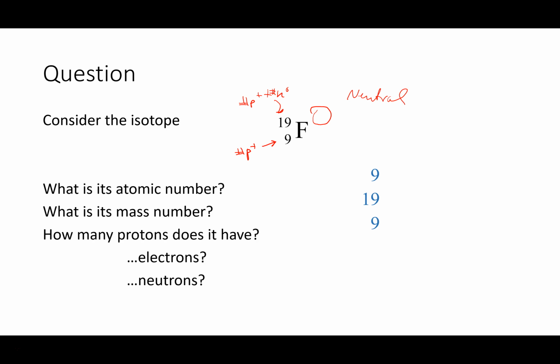So with that in mind, how many electrons does it have? 9. Very good. And how many neutrons does it have? 10. How'd you get 10? It's on the sheet. Oh my gosh. Thank you. We got 10 by taking 19, the big number, which is the protons plus neutrons, and subtracting the protons, which is 9. Okay? So, very good.